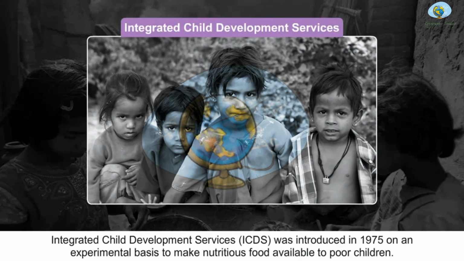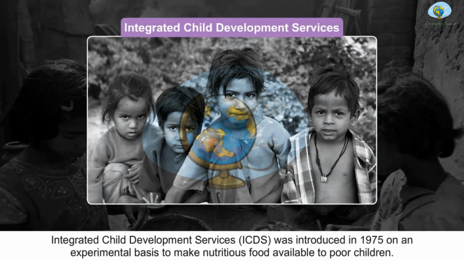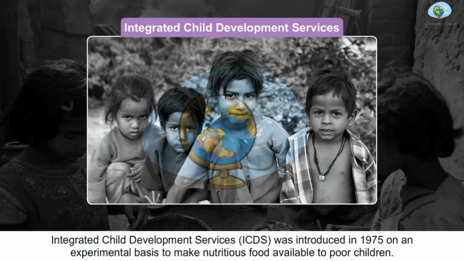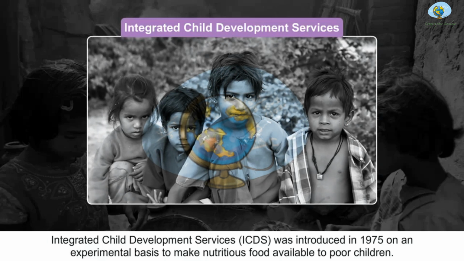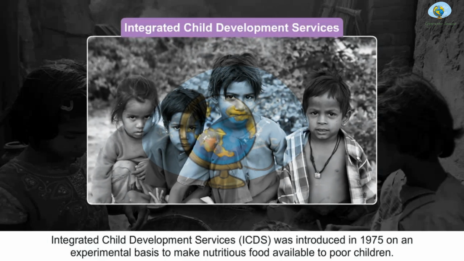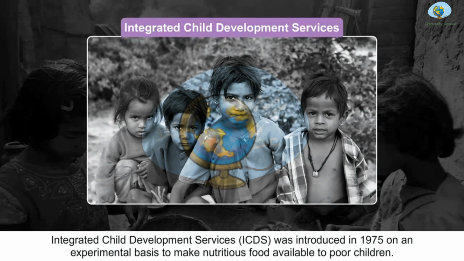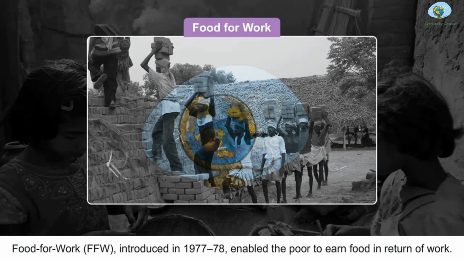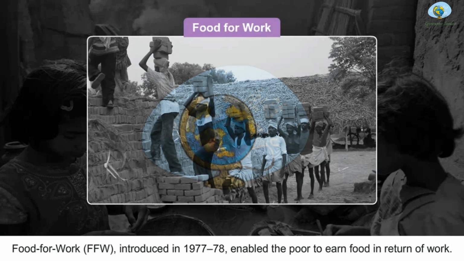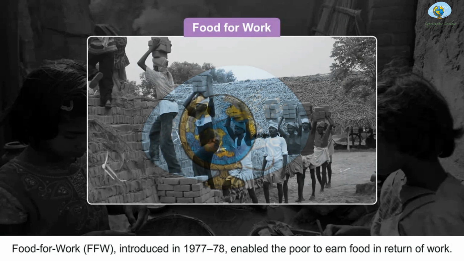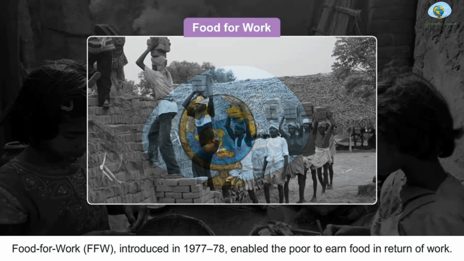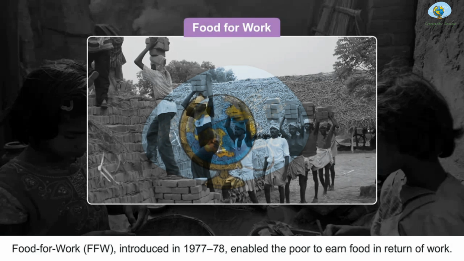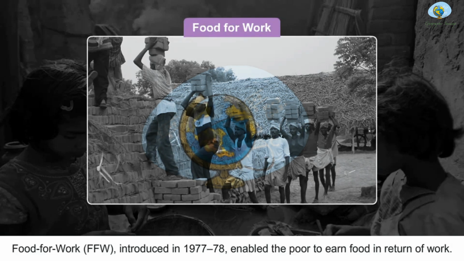Integrated Child Development Services (ICDS) was introduced in 1975 on an experimental basis to make nutritious food available to poor children. 3. Food for Work (FFW), introduced in 1977-78, enabled the poor to earn food in return for work.